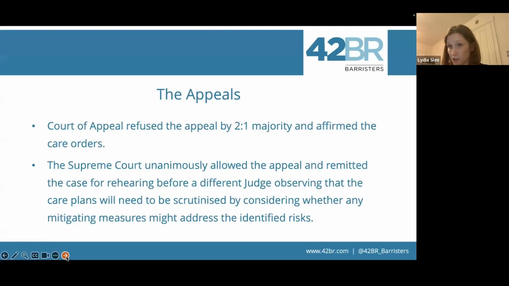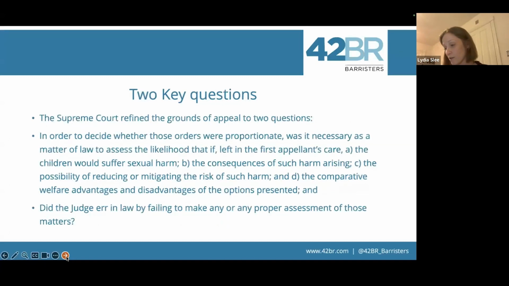But in a nutshell, the Supreme Court, as you all know, unanimously allowed the appeal, and the matter was remitted for a rehearing to be undertaken by a different judge, with the observation that the care plans will need to be scrutinised in accordance with the decision that the Supreme Court gave.